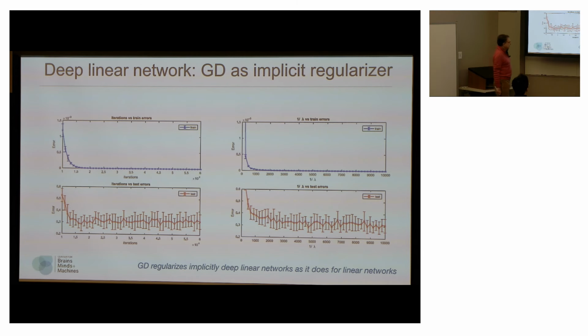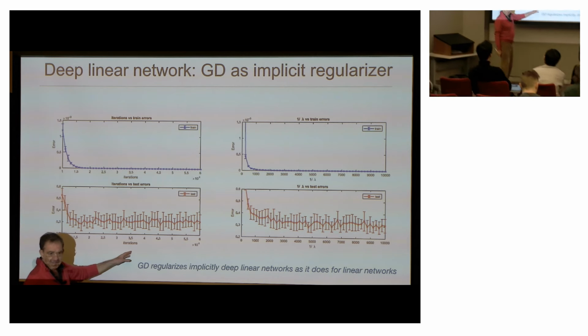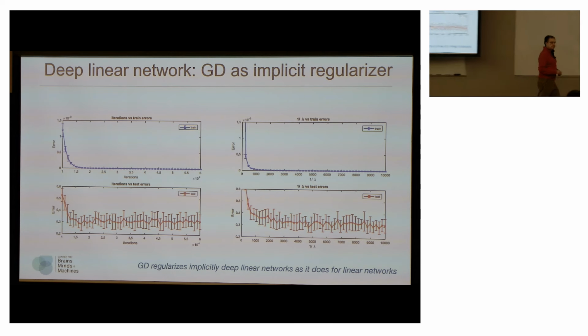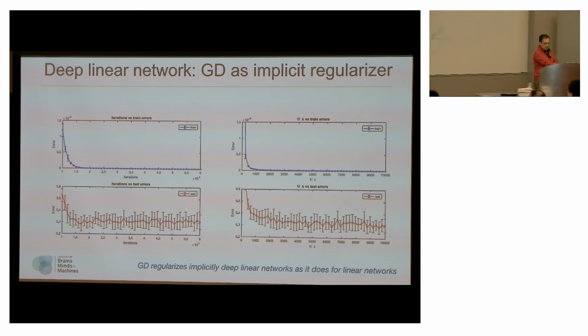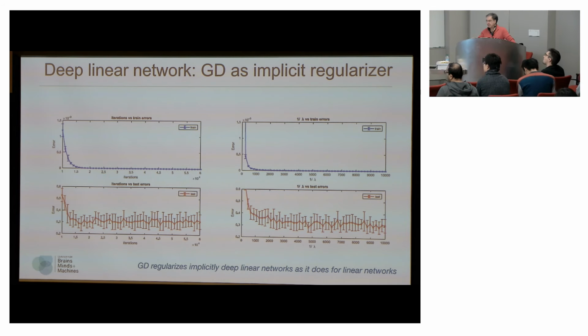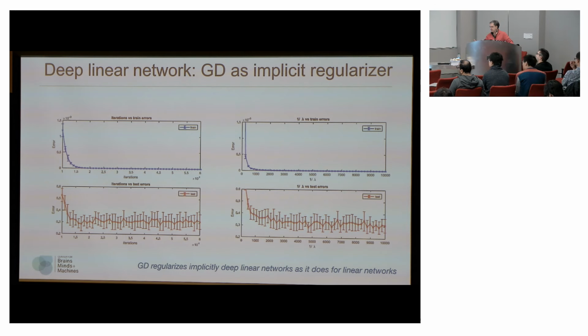There is this equivalence between number of iterations and 1 over lambda. Okay. So in this effect of implicit regularization, the controlling parameter is how long you're running gradient descent. The longer you run it is equivalent to a smaller and smaller lambda in your equivalent regularized problem.